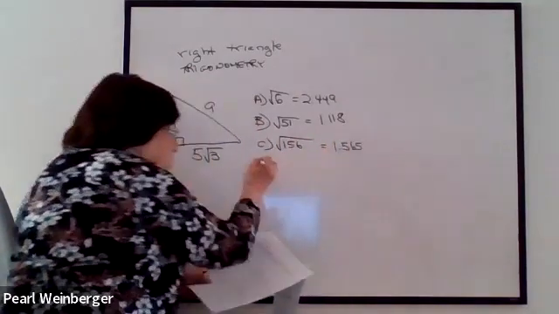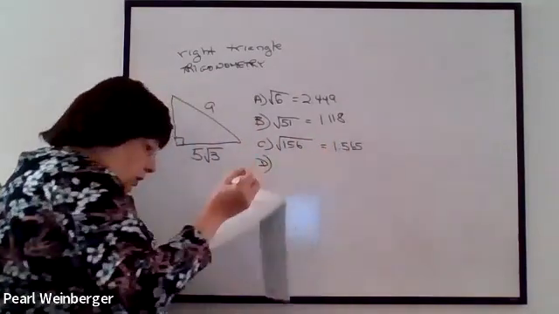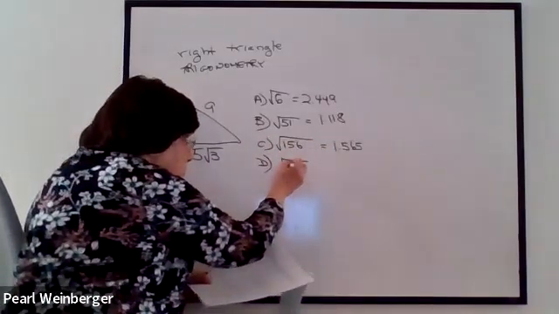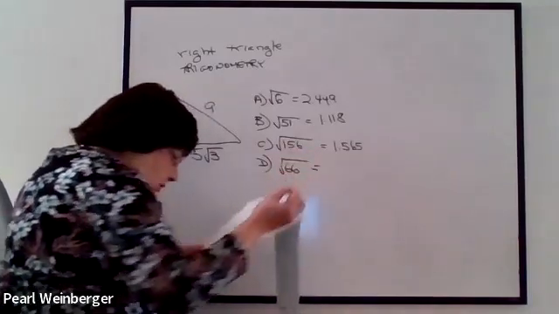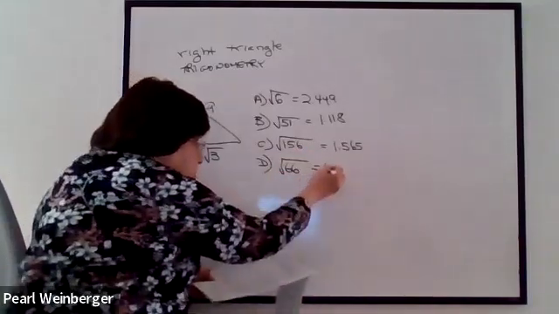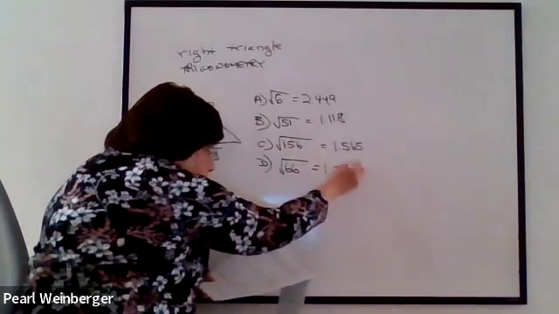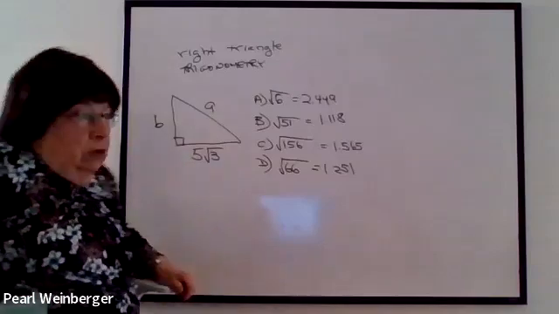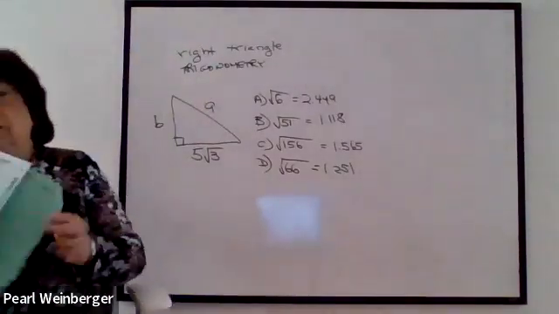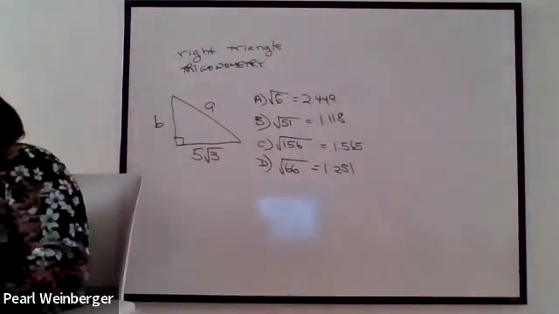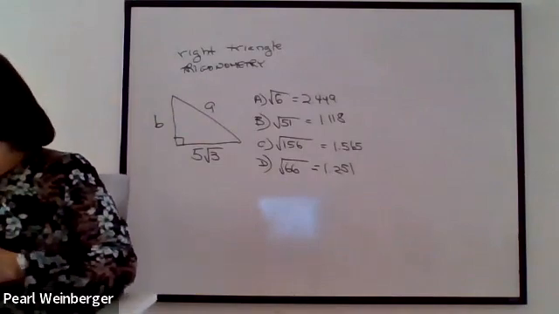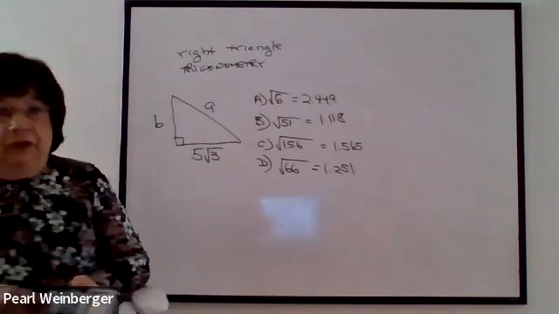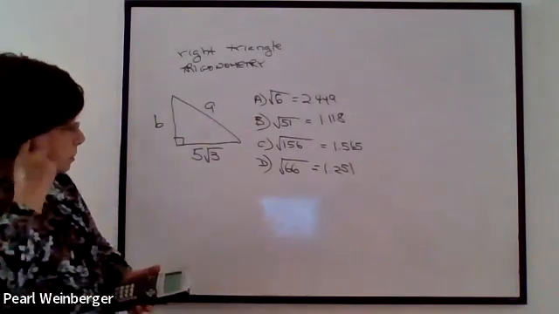And the last choice is the square root of 66, which they say is equal to 1.251. So I want you to pick which is the correct answer for B. I'll give you a few minutes. You definitely have to use a calculator for this.